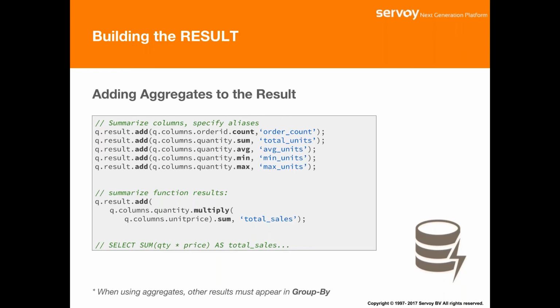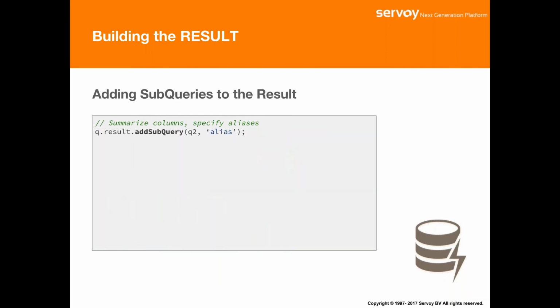Just one thing to note, when you are doing aggregates, you always have to put the non-aggregate stuff in a group by. Otherwise, it will give you an error. We didn't do an example of subqueries, especially in the result. That's pretty uncommon, but you can add the results of a subquery to the result. When you do that, it just has to have only one resulting field in the subquery.